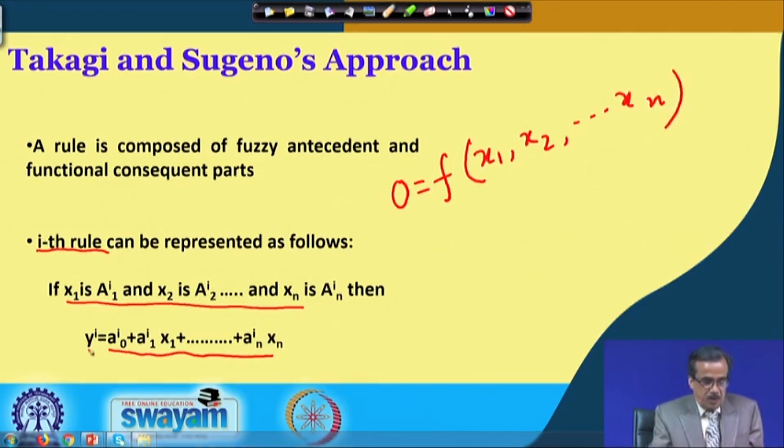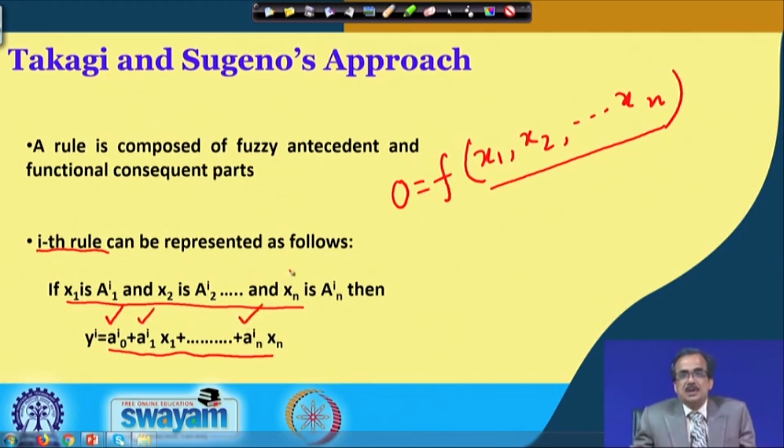So this output, yi, is represented as a function of the input parameters. If you see, we have a few coefficients, for example a0i, then a1i, ani. These are all coefficients, and these coefficients are to be predetermined.